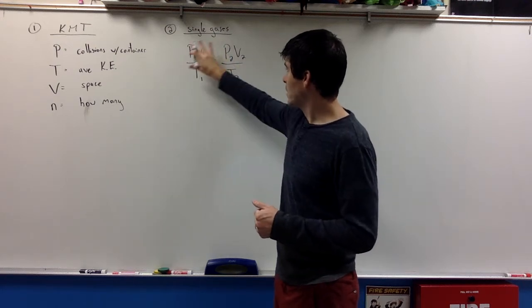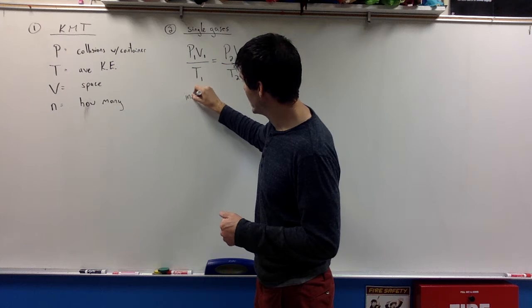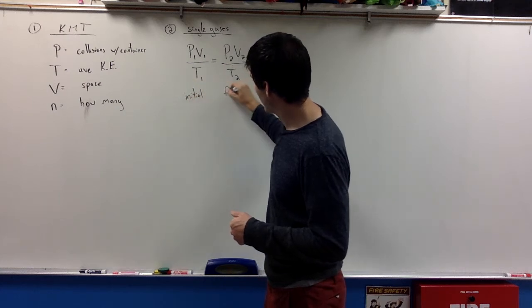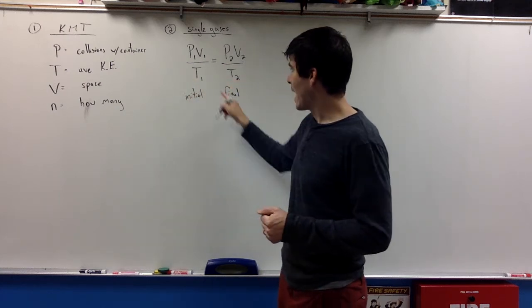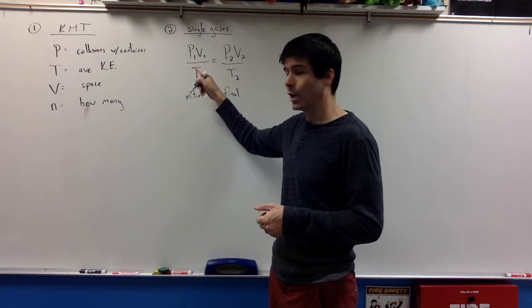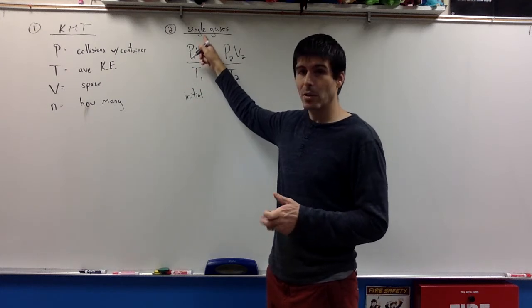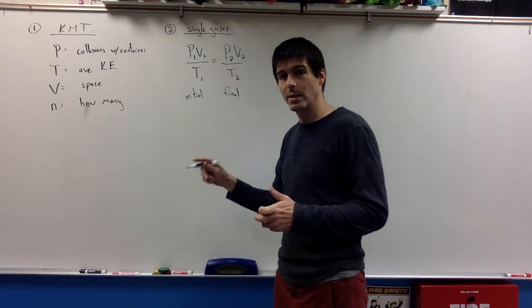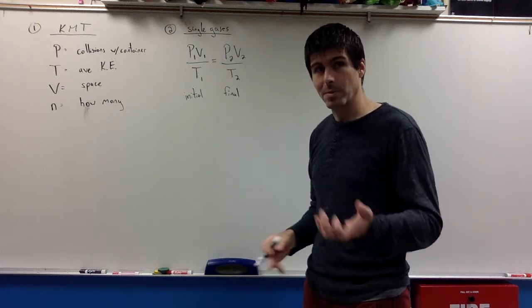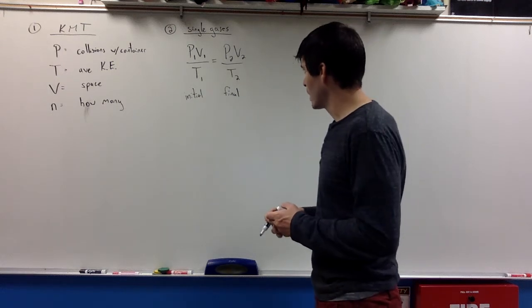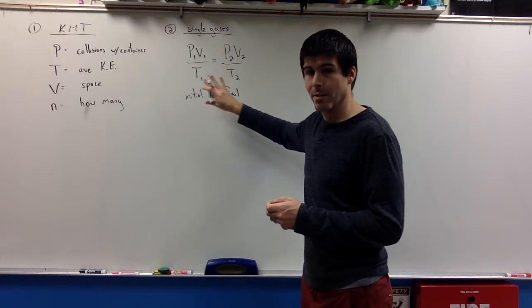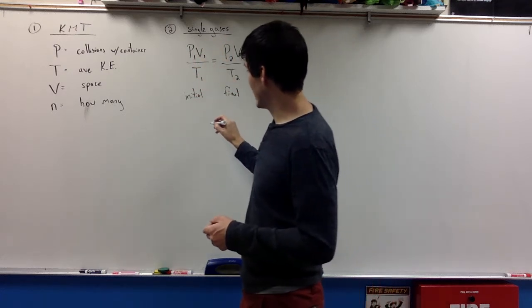So mathematically, we can start to look at an initial set of conditions and a final set of conditions, and how these variables can change over time in a single gas, just one single gas, because pressures and volumes and temperatures can change all the time. So we just have to keep track of these properties there.